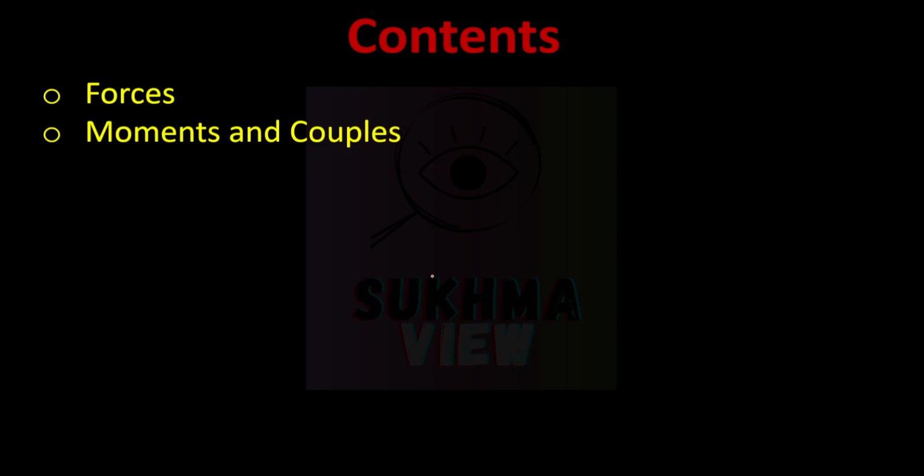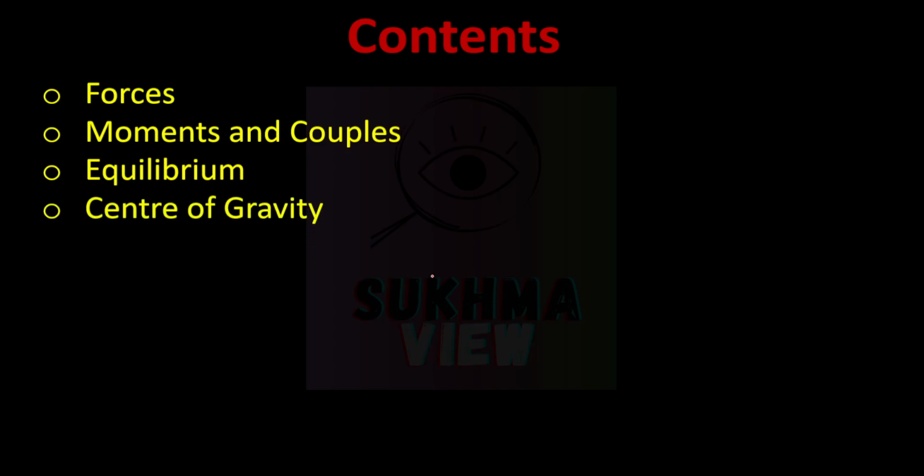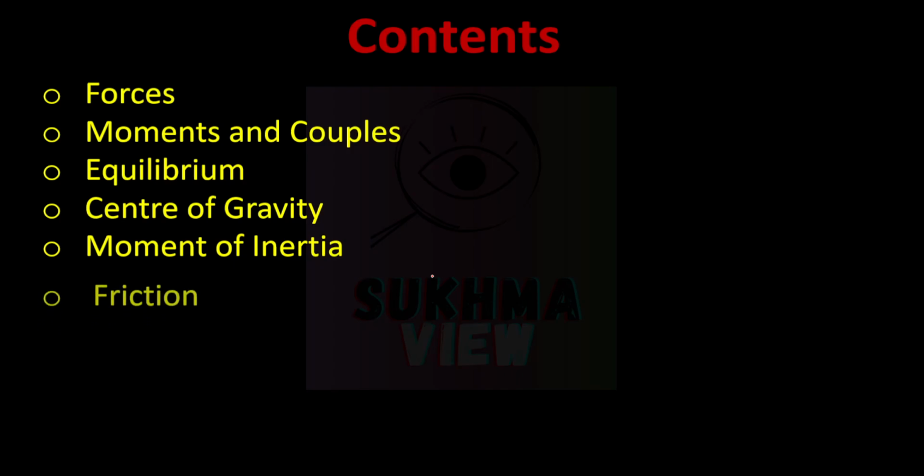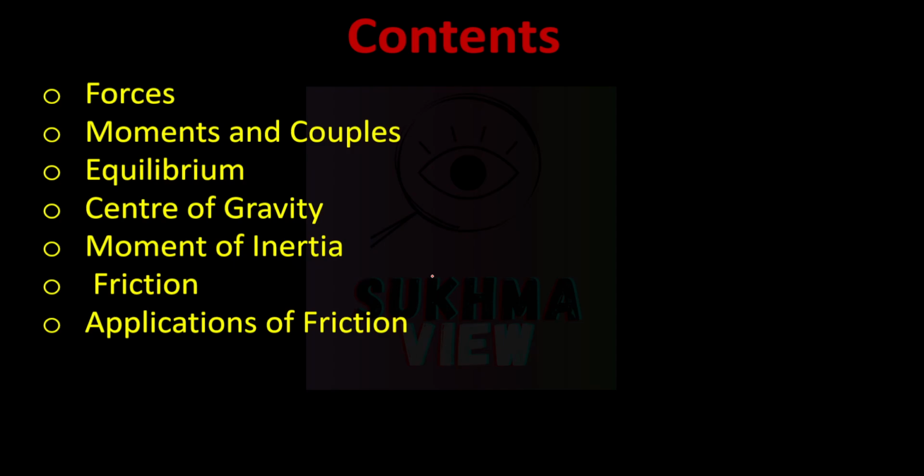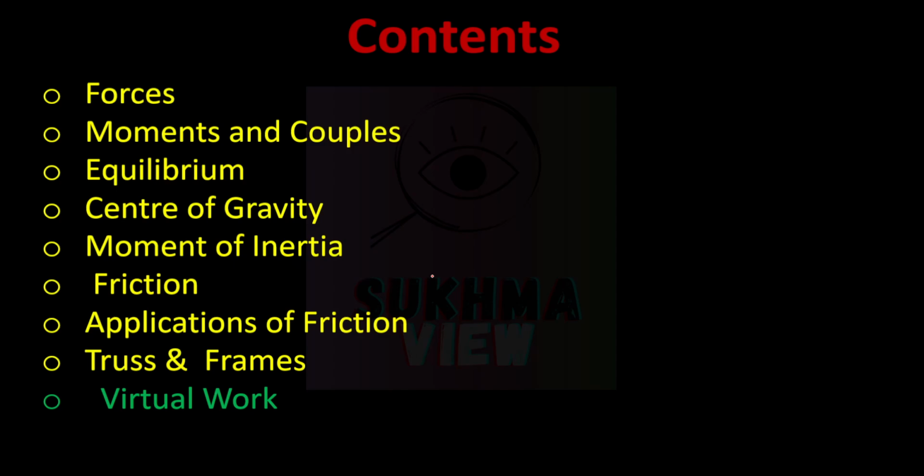What are the effects of force? Then we will talk about moment. What is moment? What is couple? Then equilibrium of an object, how an object is at rest. Then center of gravity. Then moment of inertia. Then friction, application of friction, then trusses and frames, then the virtual work concept.